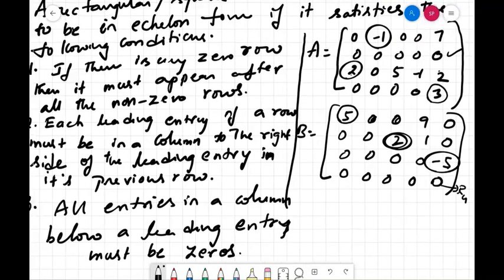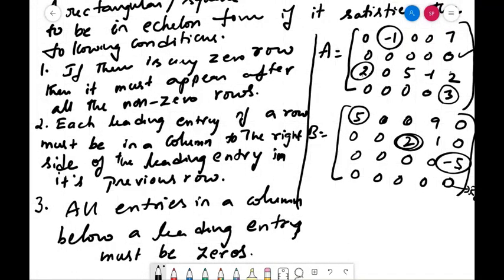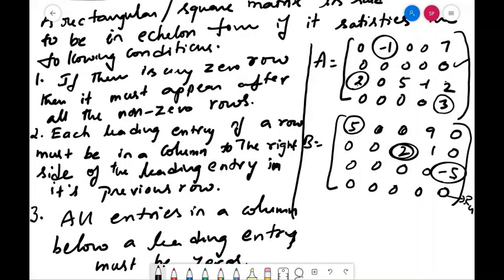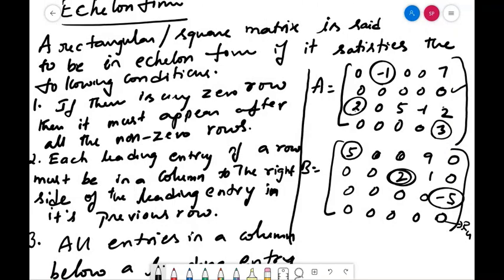So for all entries in a column below a leading entry, wherever the leading entry is, locate that column. Let me take matrix A. What is the first leading entry? Minus 1. Then what are the elements in that column? 0, 0, 0. Yes, they must be zeros, and they are.